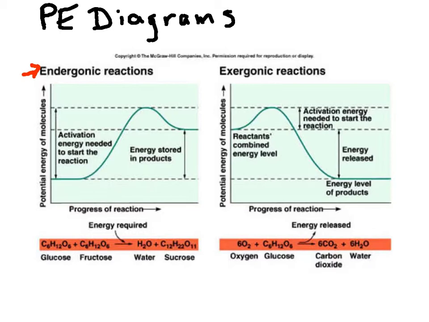And we start at the bottom. The y-axis is the potential energy of the molecules involved in the reaction, and the x-axis is the progress of the reaction, or time, if you like. So we start at the beginning of the reaction, and as it proceeds, our molecules have about this much energy. The reaction happens. It has to reach a certain point in order to happen.